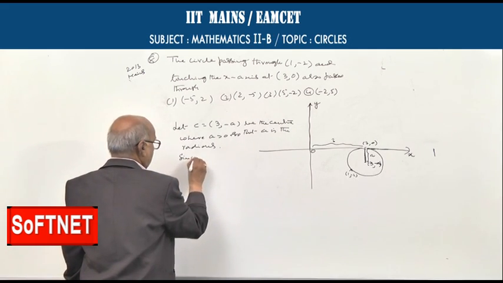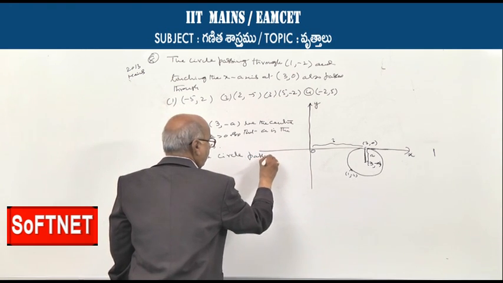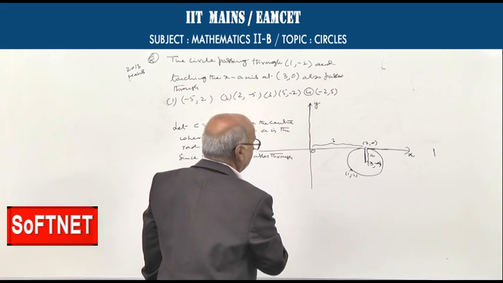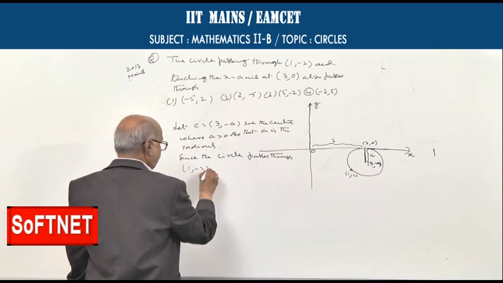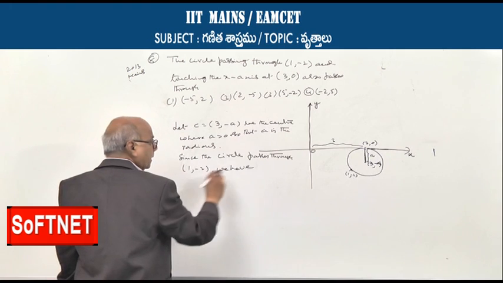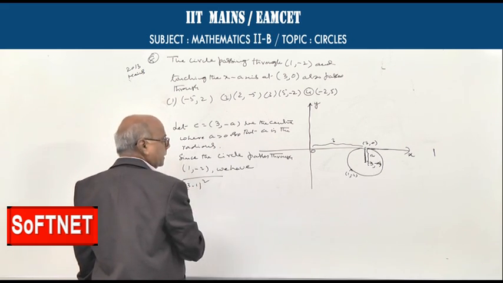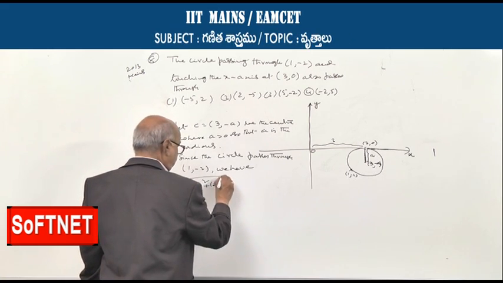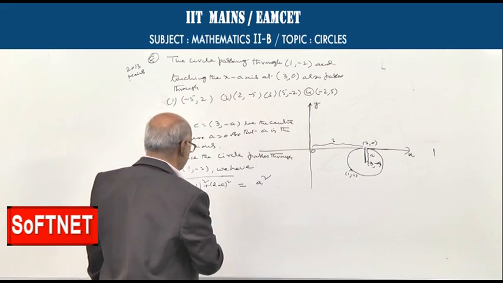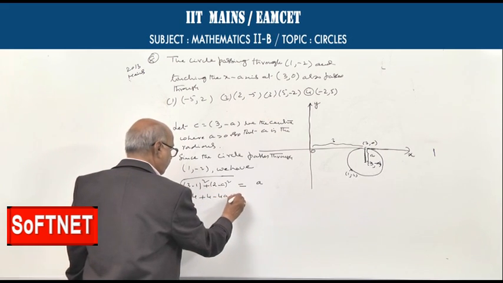Now you can write it. Since the circle passes through 1 comma minus 2, we have the distance between the center and that point: square root of 3 minus 1 whole square plus 2 minus a whole square is equal to the radius of the circle, which is a. So 4 plus 4 minus 4a plus a square is equal to a square.